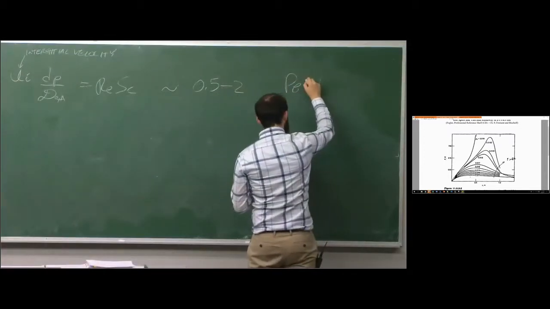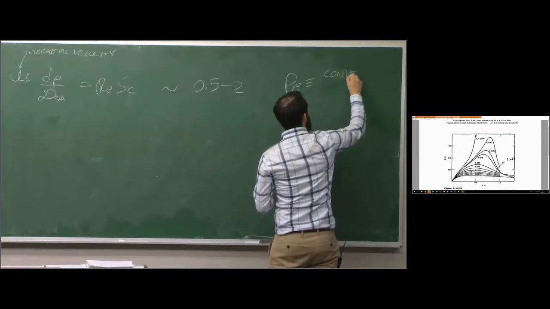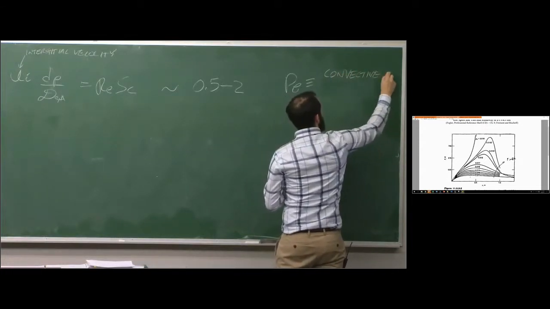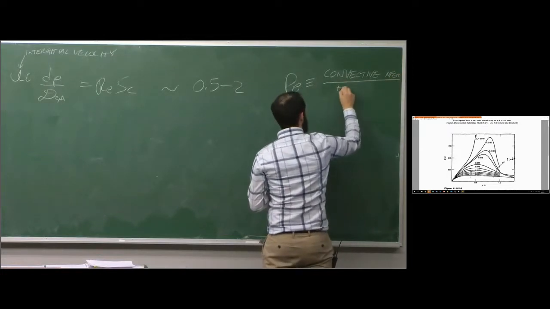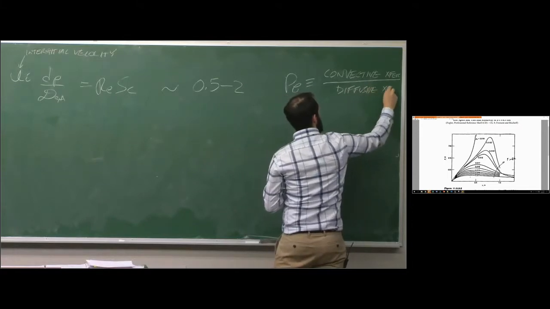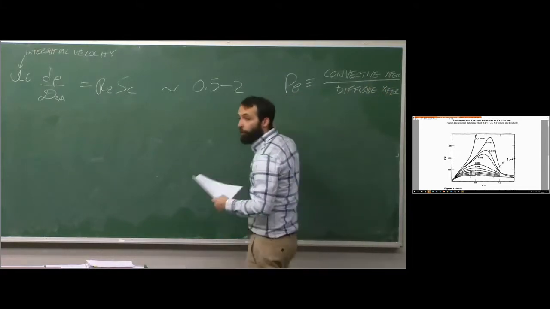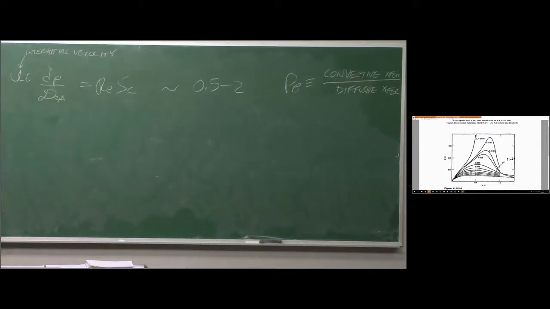But Peclet in general is a relationship between convective transfer and diffusive transfer, and this is heat or mass. That's why we have two Peclet numbers. Like I said, I should have started with that. But that makes sense, right?